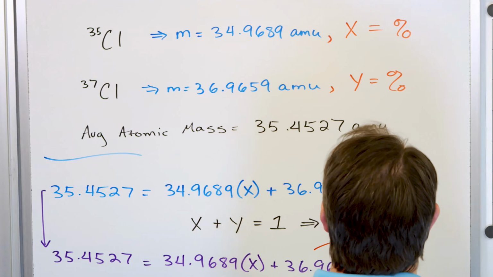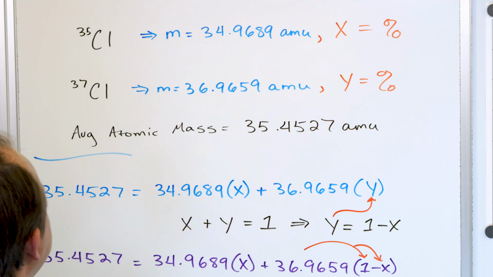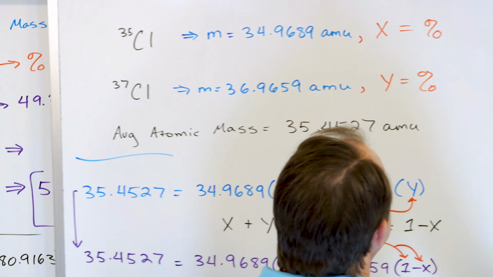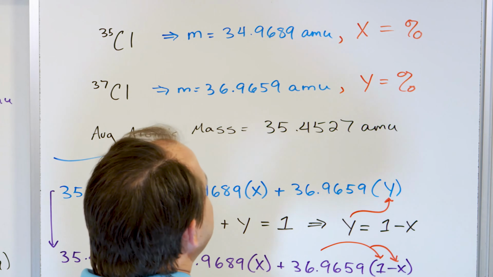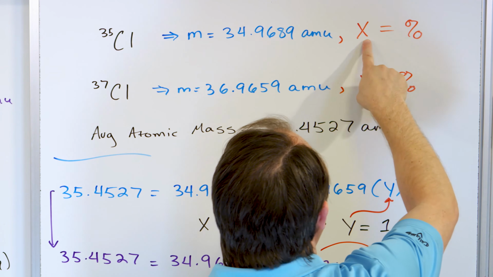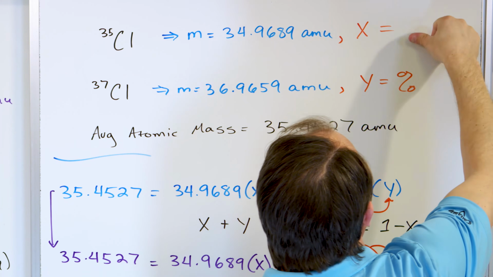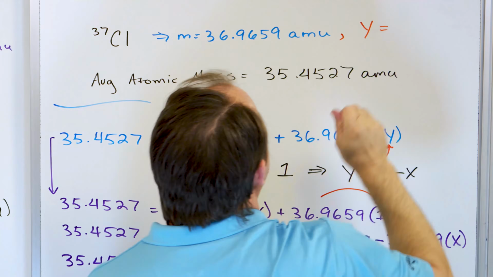Well, we go back to our problem. And actually, I think we don't even need to write anything on the next board. What we were saying is that the variable x represents the percent abundance of this isotope. So let's just erase this because that was just a note to ourselves what we were solving for.